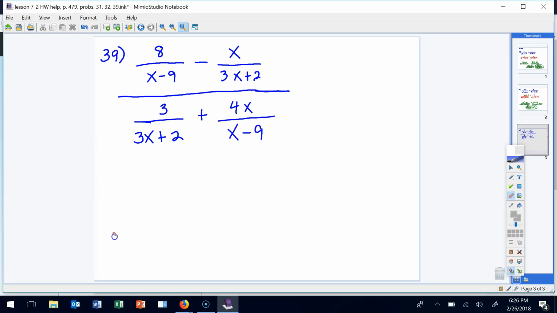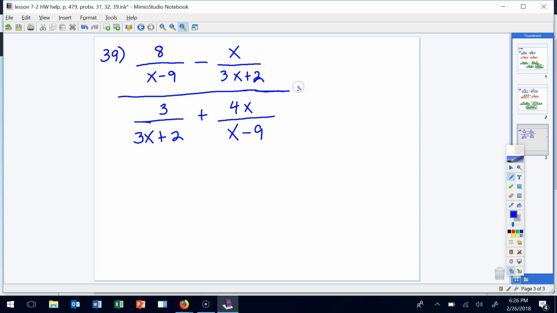Okay, one more, and this is from the complex fraction section. This is number 39, as you can see. And we need to get the LCD for both halves of this complex fraction. And fortunately, you're going to see that the LCD is going to be the same for both parts. And that makes simplifying these really pretty nice.